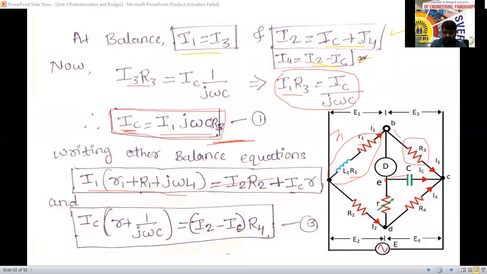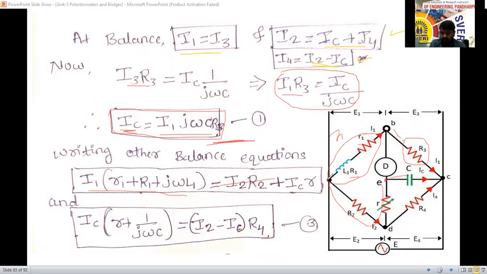A to B is over now. Next, where the branch is connected, A to E. A to E is nothing but R2 is there, I2 R2 plus which current is flowing at this small variable r? IC. So IC into R we have to consider here. These two resistances are connected in series. Don't consider this part now; this one we will consider separately.